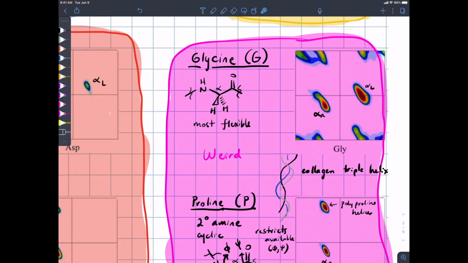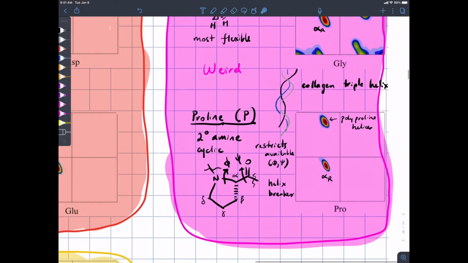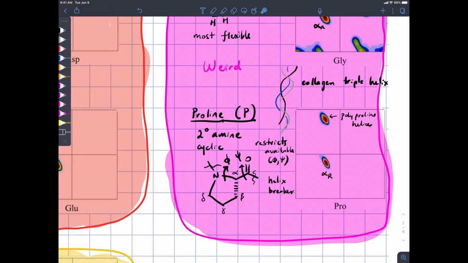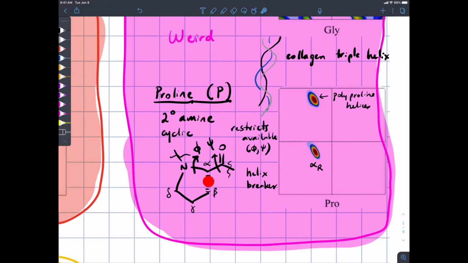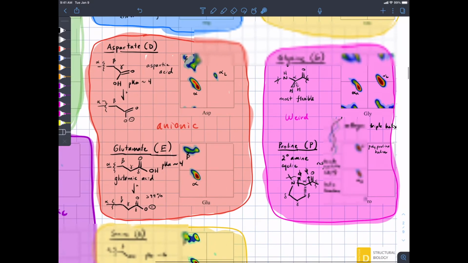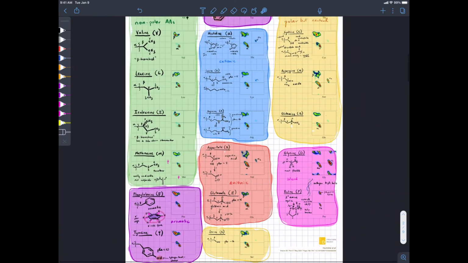That happens often in turns between beta strands, and so glycine is frequently found in turns. And then finally proline, which we've already talked about, which is this side chain that bites back on the backbone nitrogen. Okay, so those are the 20 amino acids.